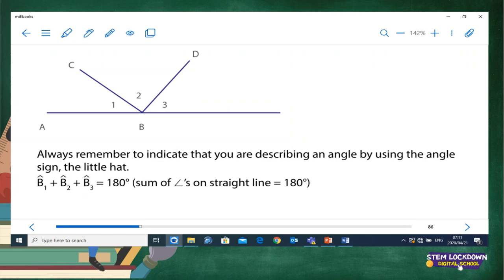And of course, we have concluded that angle B1 plus angle B2 plus angle B3 gives us 180 degrees. We conclude by stating the reason, the reason being the sum of angles on a straight line is 180 degrees.